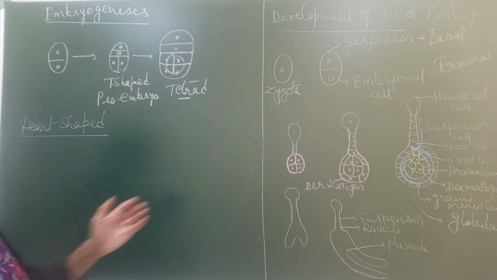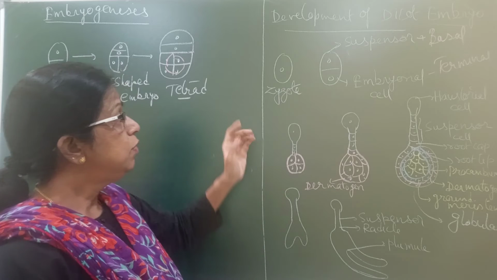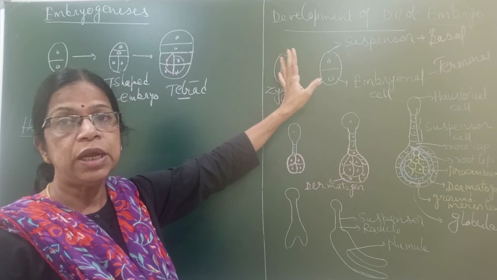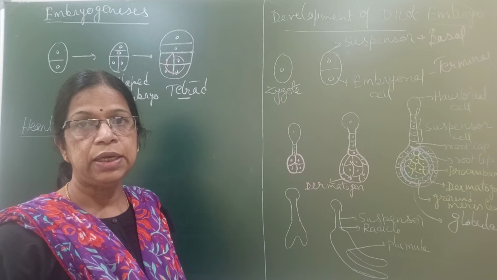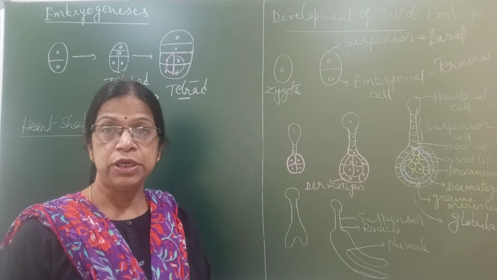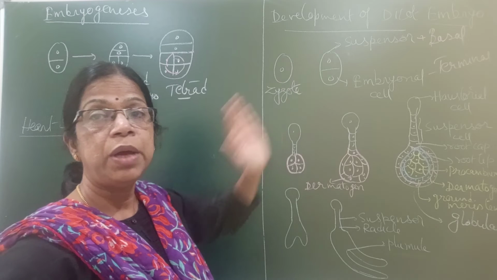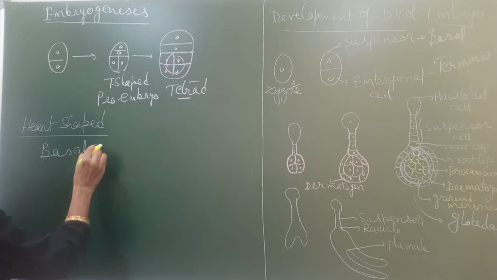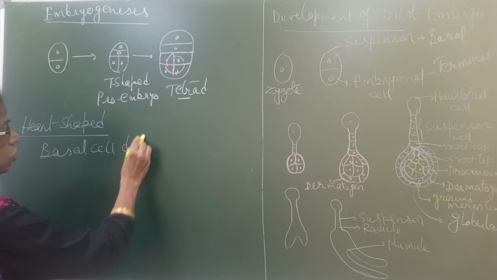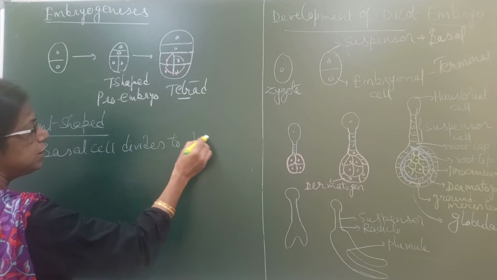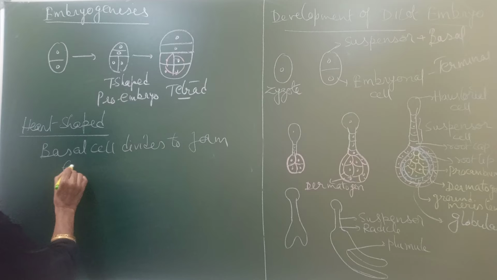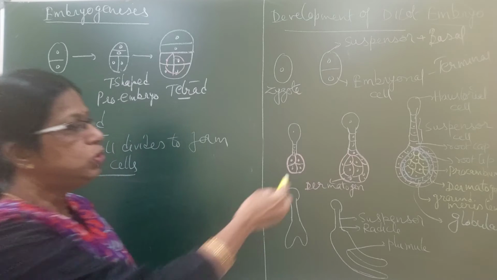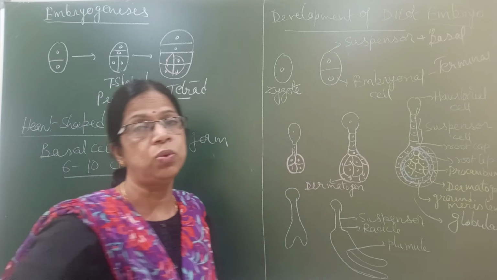Meanwhile, when it is forming the heart shape, we have the upper cell, that is the suspensor cell, or we call it the basal cell. This will undergo further division and form about 6 to 10 cells in a single row.